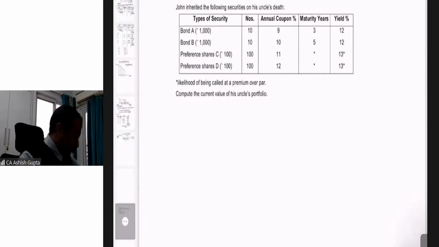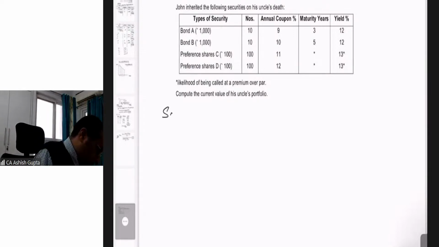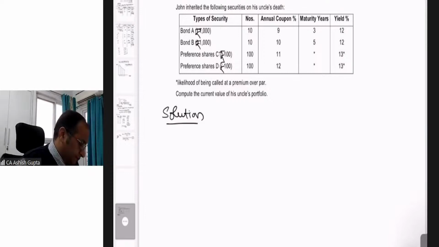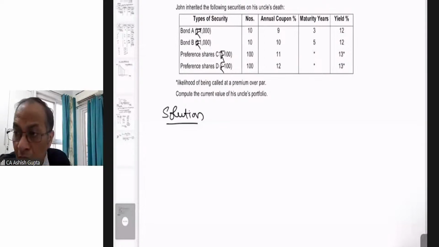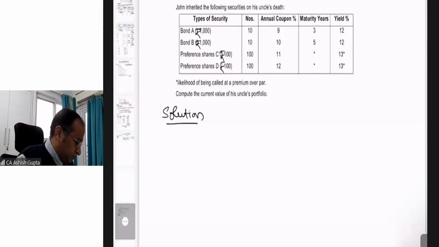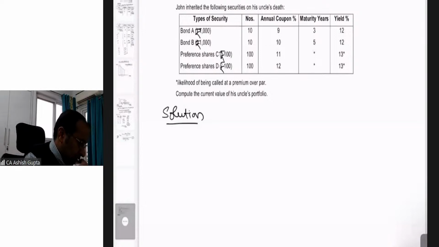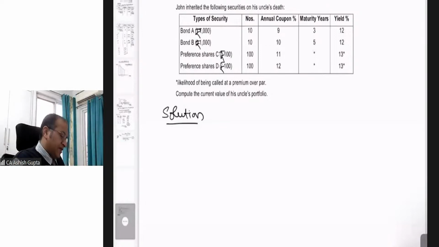Okay, student. Now I am coming to question number 3. It says that John inherited the following securities on his uncle's death.